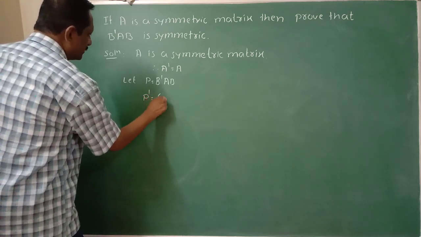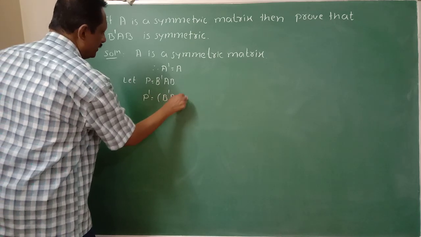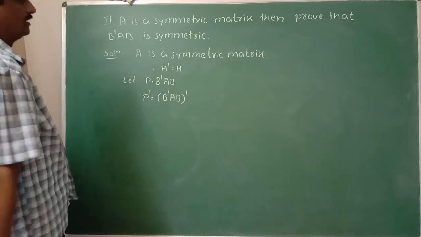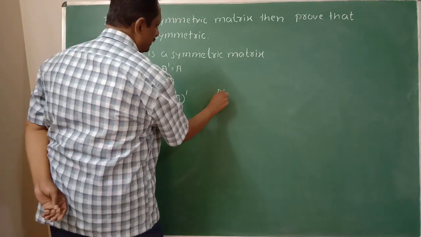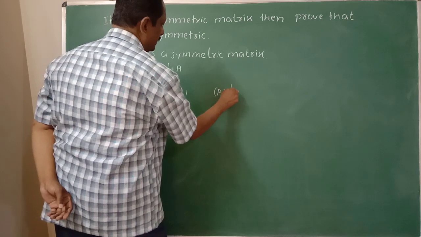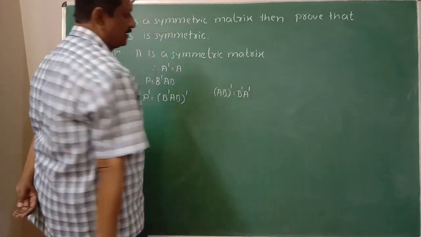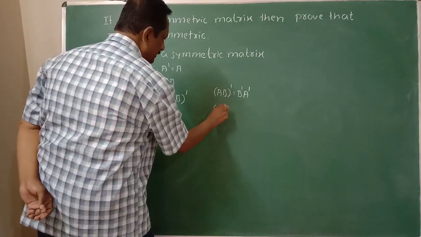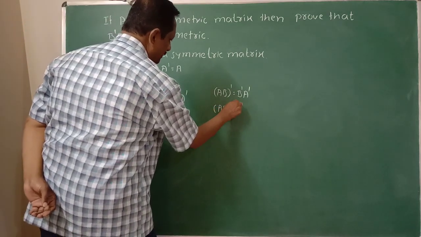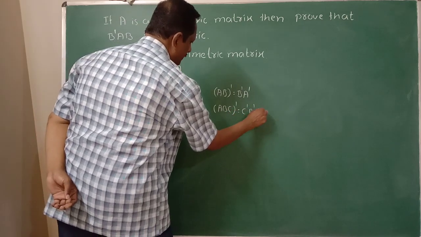P dash is equal to B dash AB whole dash. There is one property here: AB whole dash is equal to B dash into A dash. Similarly, suppose it contains three elements, A, B, C whole dash, then it is C dash into B dash into A dash.